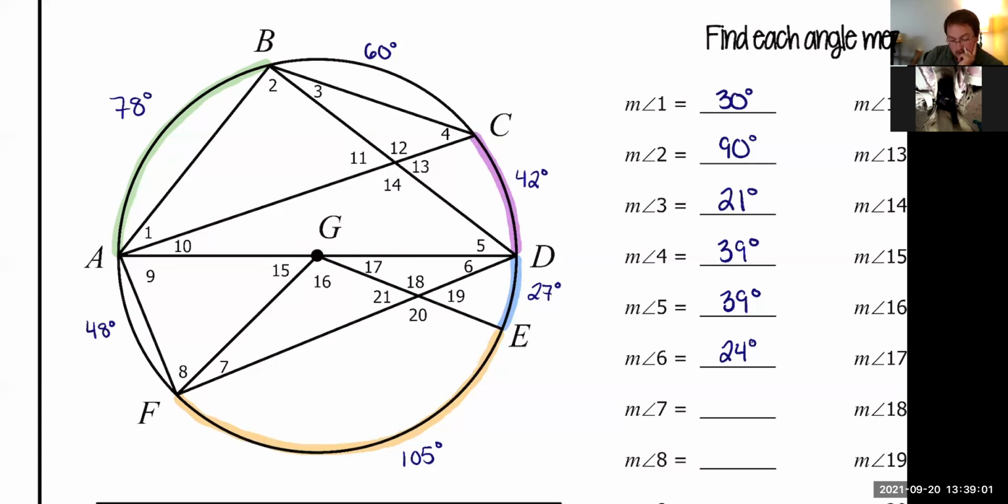Now, while I have it there, though, what can we say about angles 8 and 7 together? If you imagine this whole angle right here, AFD has endpoints at A and D, which is a diameter, which means this whole angle is 90 degrees. Now that 90 is split into angles 7 and 8, and we don't necessarily know that it's split evenly. So that will be useful in just a moment, but I don't yet have enough information to find it.